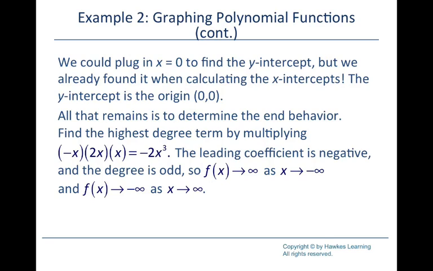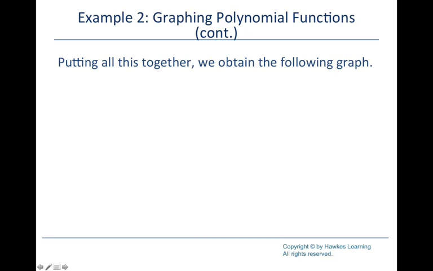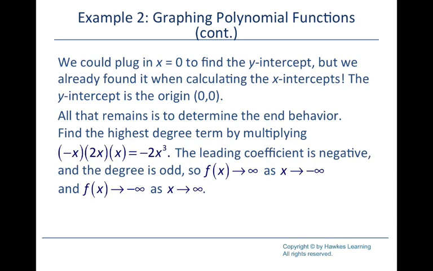So that means as x approaches infinity, we're going to go, since it's odd and it's negative, our basic formula is going to be up on the left and down on the right, since we have a negative leading coefficient and an odd degree. So let's look at the graph.